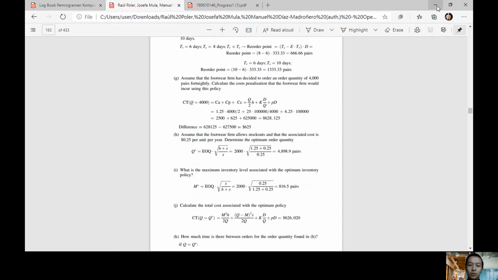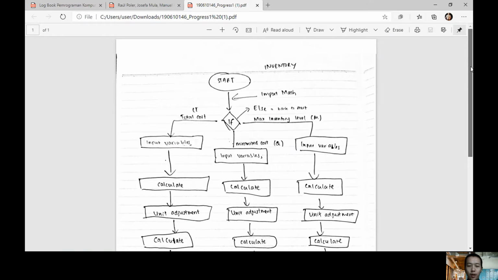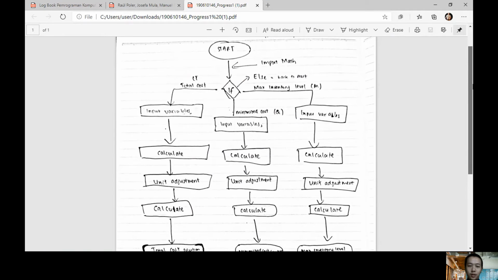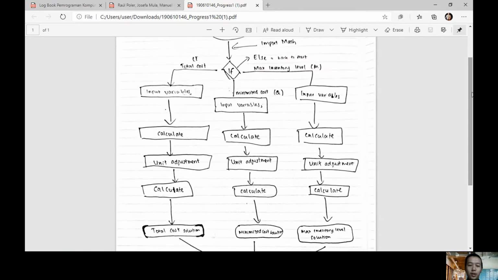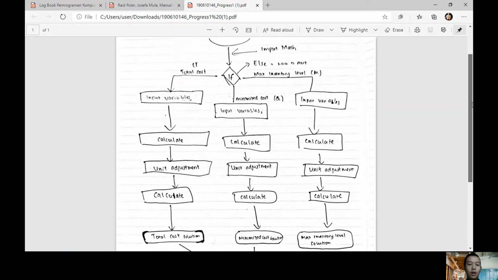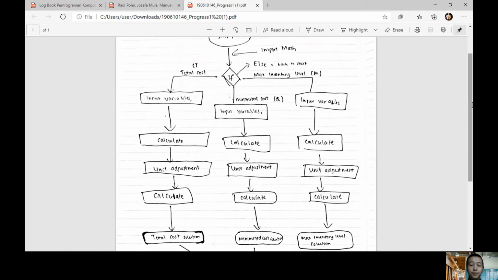Okay, so this is the flowchart of the program. At first, we need to import math, so we can calculate each of the equations more easily because they use square roots.